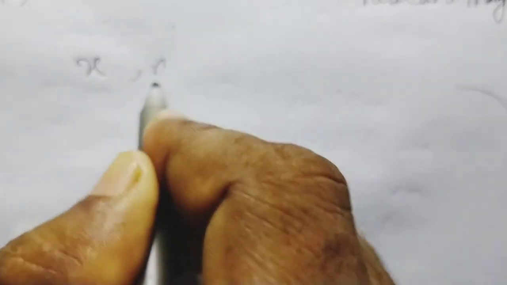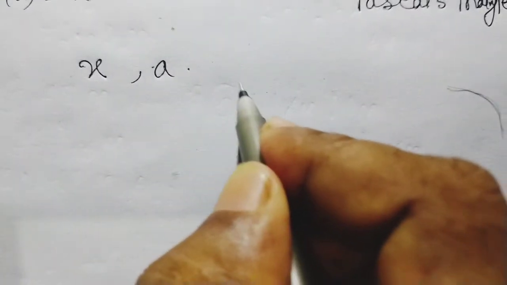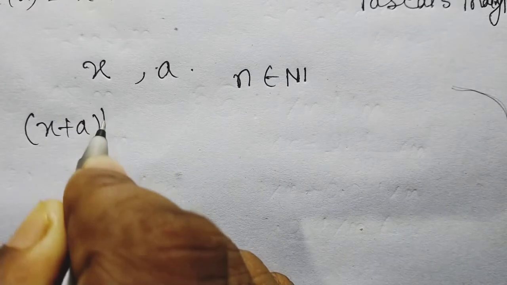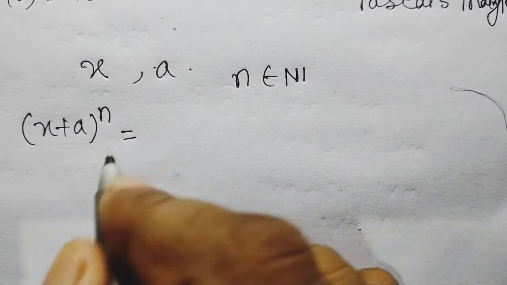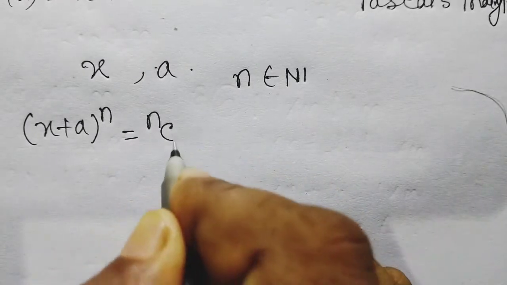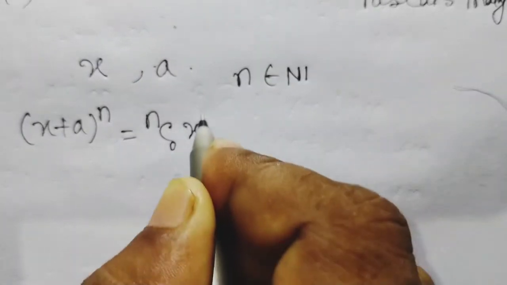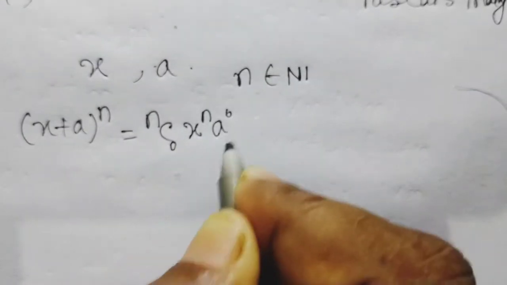Now if x and a are real numbers, then for all n belonging to natural numbers, x plus a whole to the power n is equal to, here is the main formula, nC0 x to the power n a to the power 0.